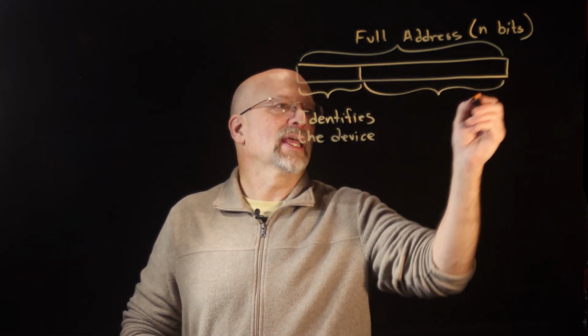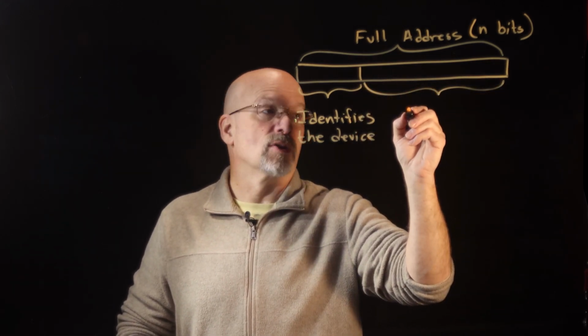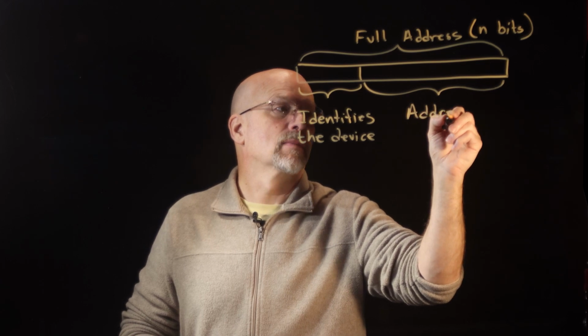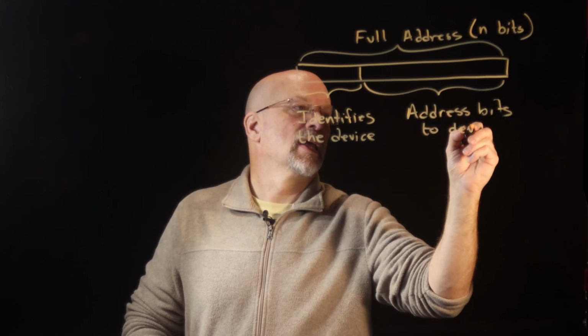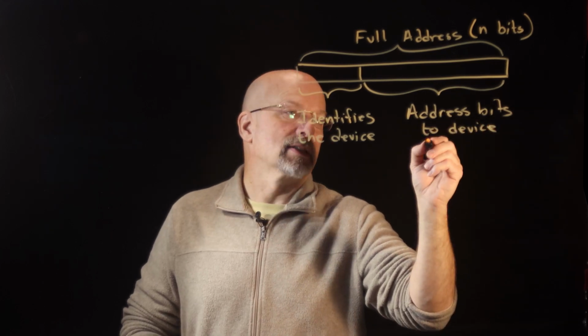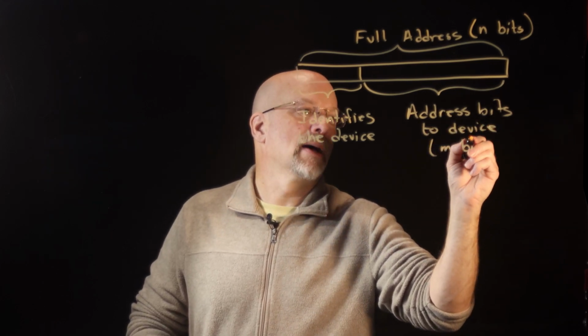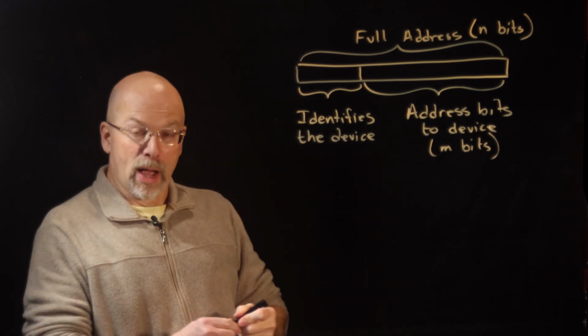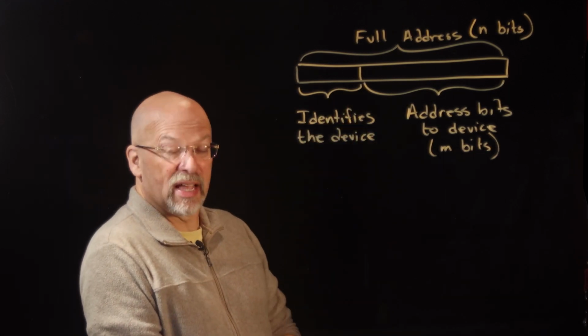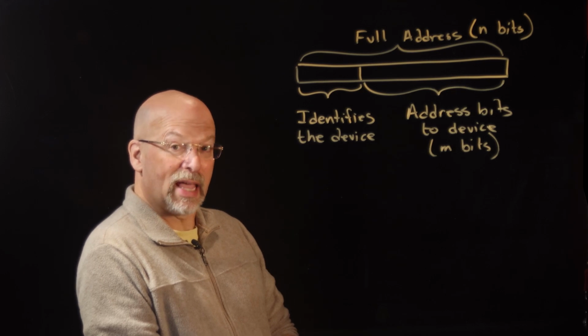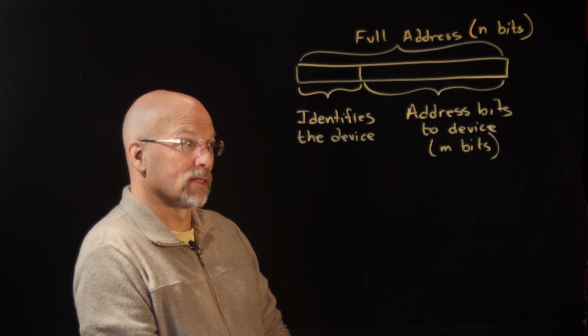These bits right here go to the device, so they're address bits to the device. Let's say that there are m bits, then the size of the device that we're accessing is 2 to the m unique addresses.